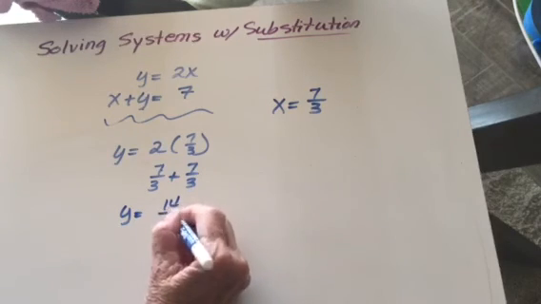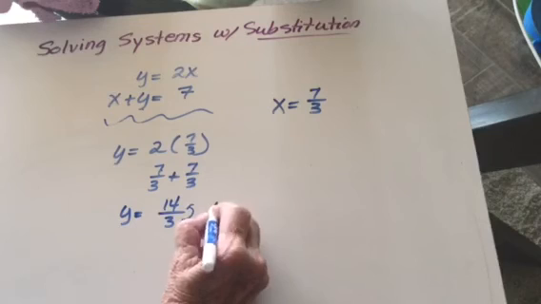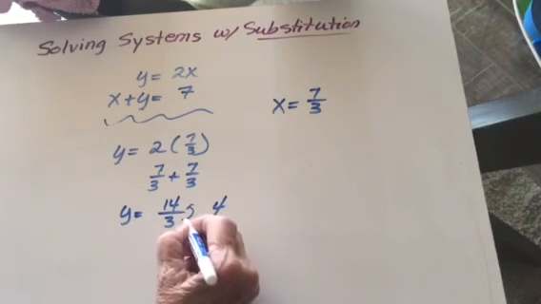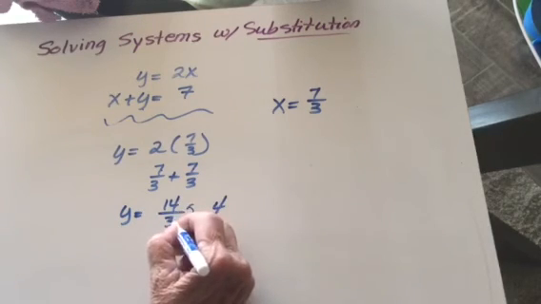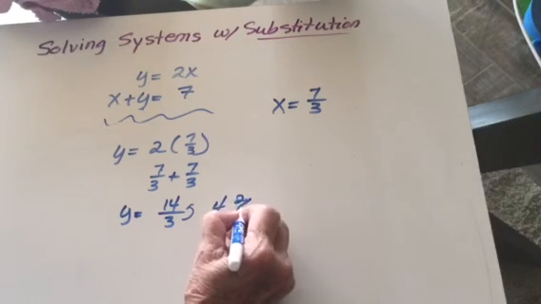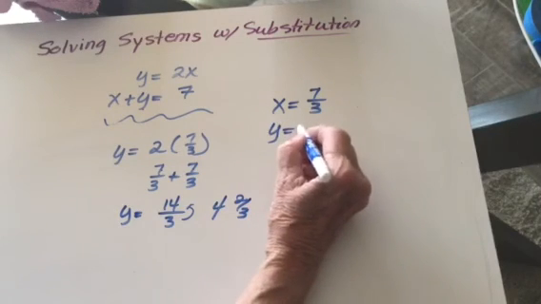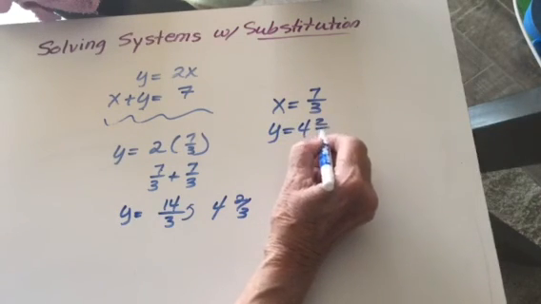Well, what does that equal? If I divide 3 into 14, that goes 4 times, 4 whole things with the remainder of what? 2. 2/3. So now I know that y equals 4 and 2/3.